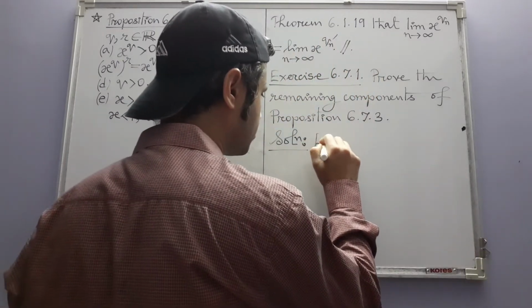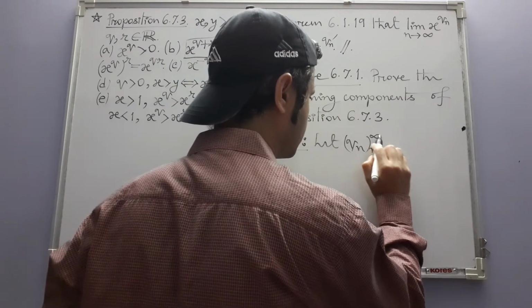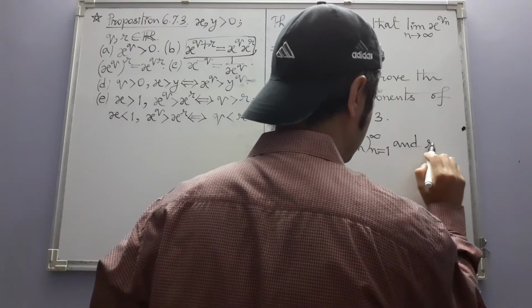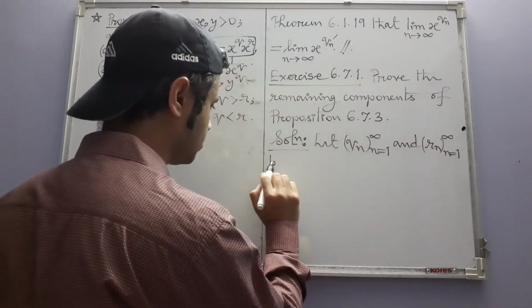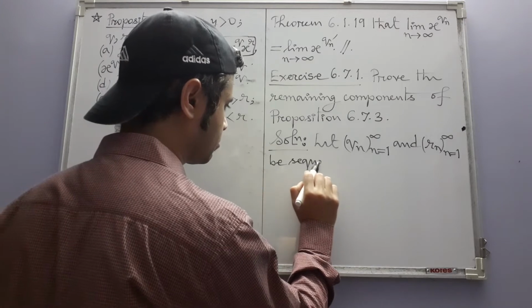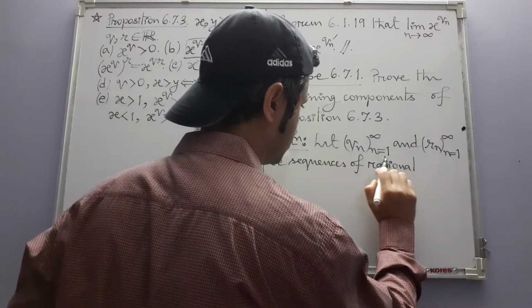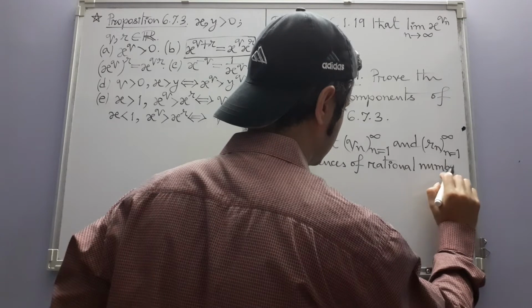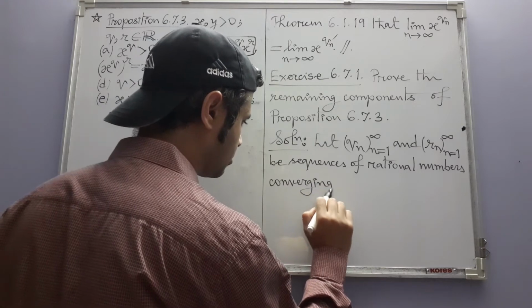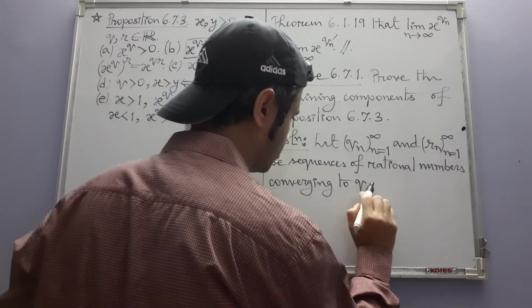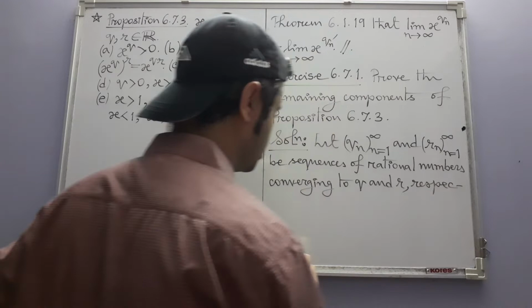Let Qn and Rn be sequences of rational numbers converging to q and r respectively.